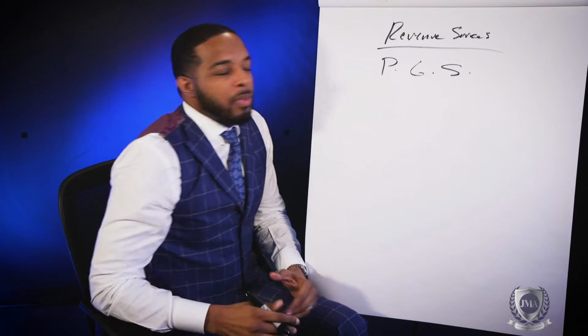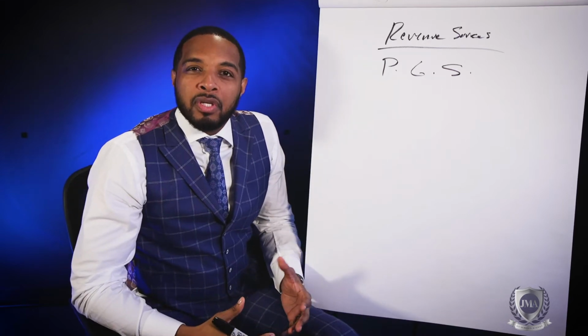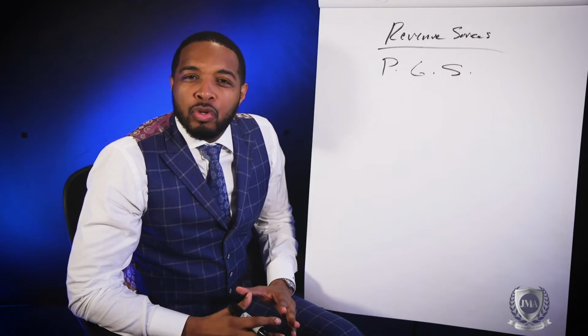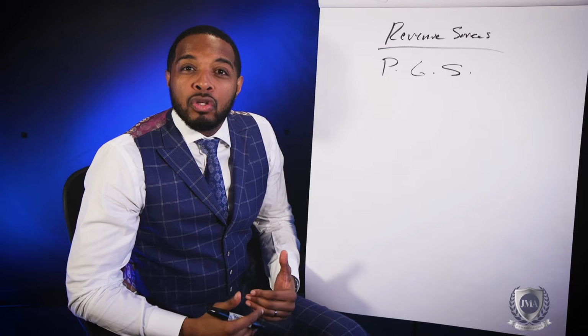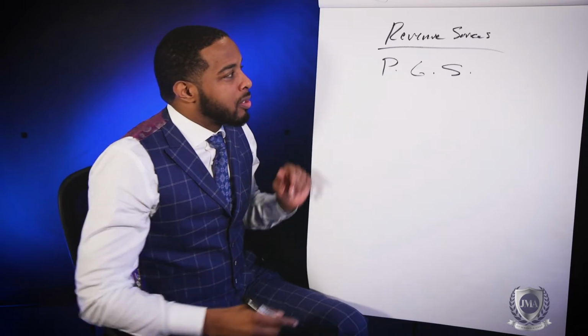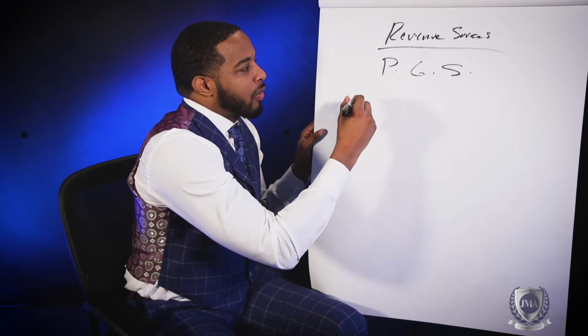Where our revenue comes from is going to be dictated a lot by what PGS we decided on. I'm going to give you some examples so you have something to grip your mind around. There are two primary ways your business will receive revenue, two broad customer bases as revenue sources.